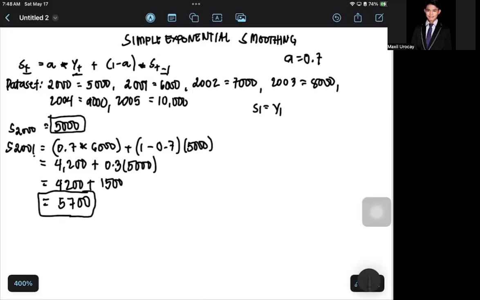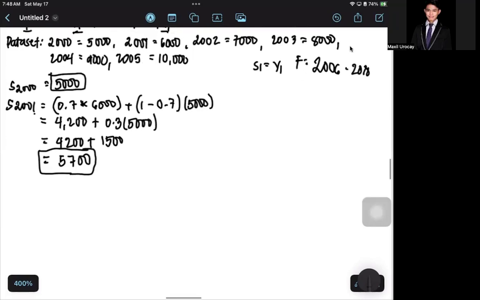By the way, our goal is to forecast from 2006 to 2010. We'll forecast that later on, and deal with it one by one. Right now we'll proceed with 2002. You calculate the same thing as we did earlier.